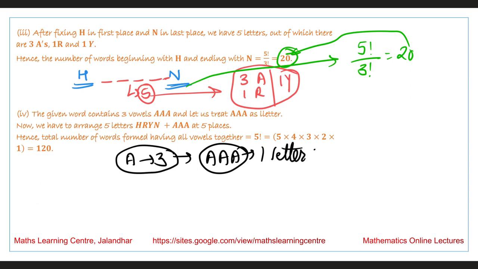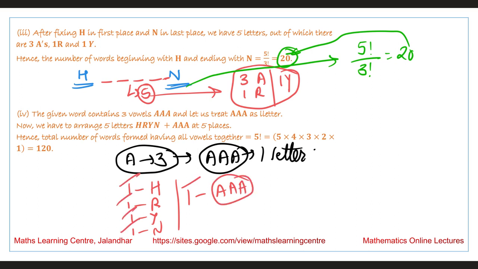What we are left with now are the letters 1 H, 1 R, 1 Y, 1 N, and one letter A. So we have 1, 2, 3, 4 and 5 letters, and all these 5 letters are different.